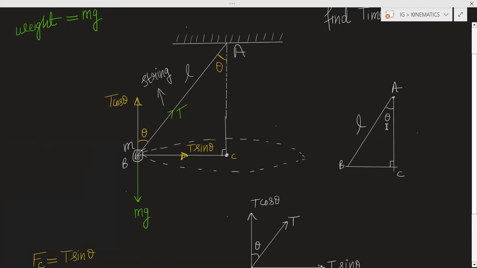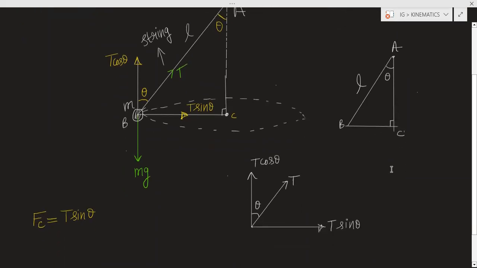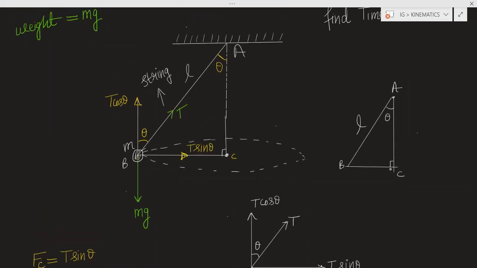We can apply trigonometry here, so we can find the BC distance. Find first sin theta. From this triangle, sin theta will be BC divided by L: the altitude, the perpendicular of the triangle, divided by the hypotenuse.